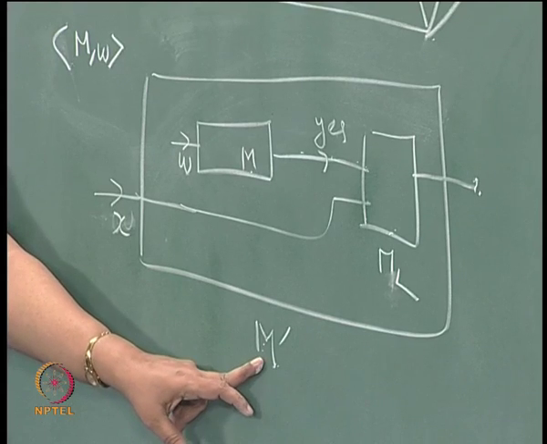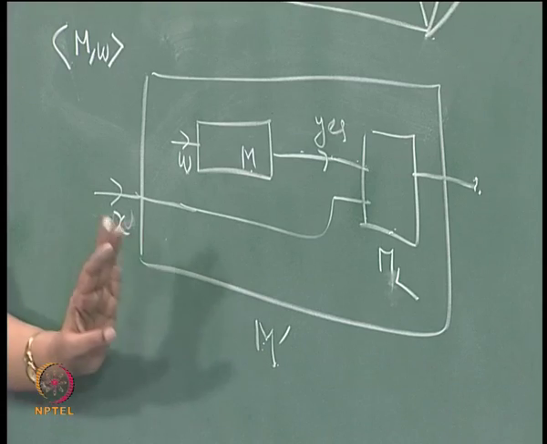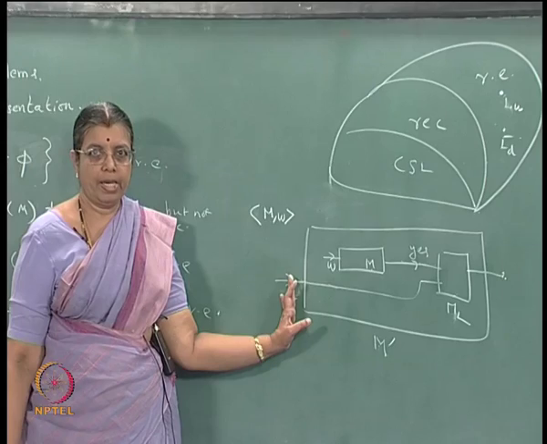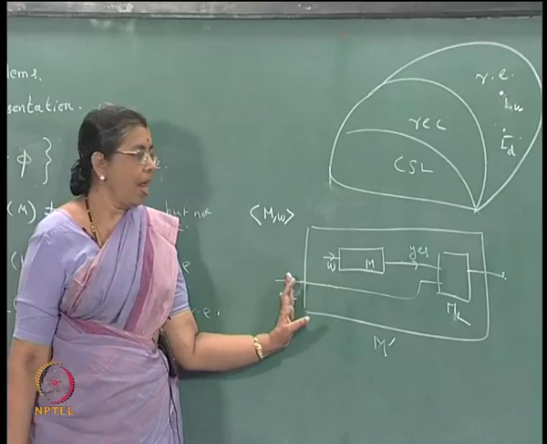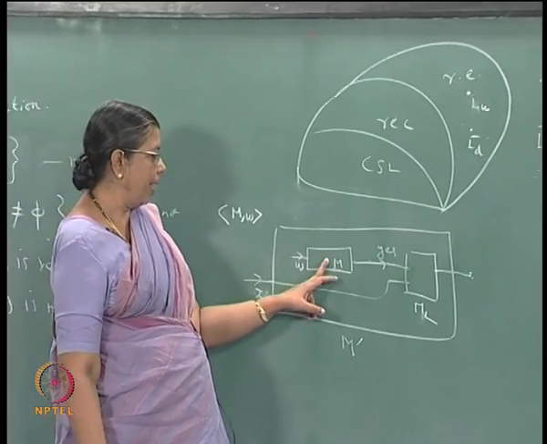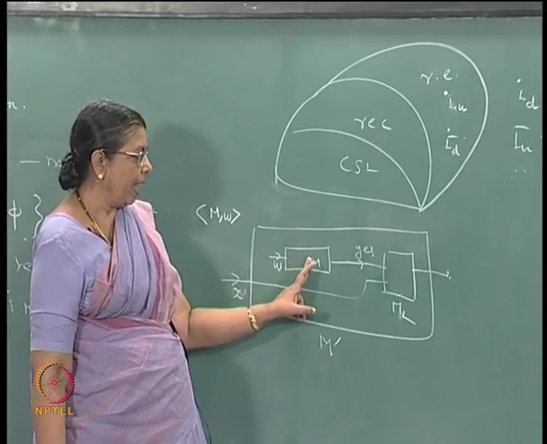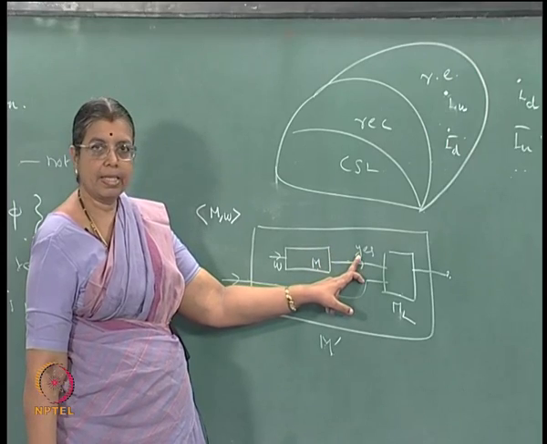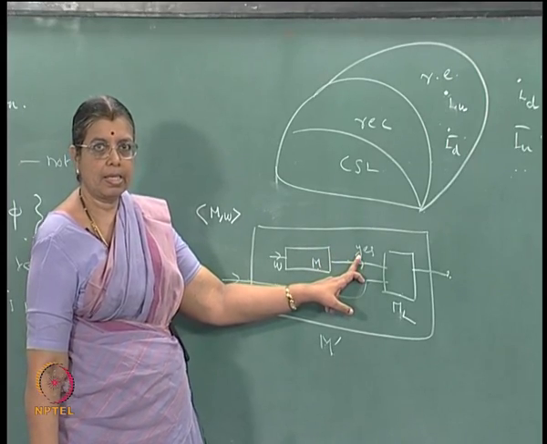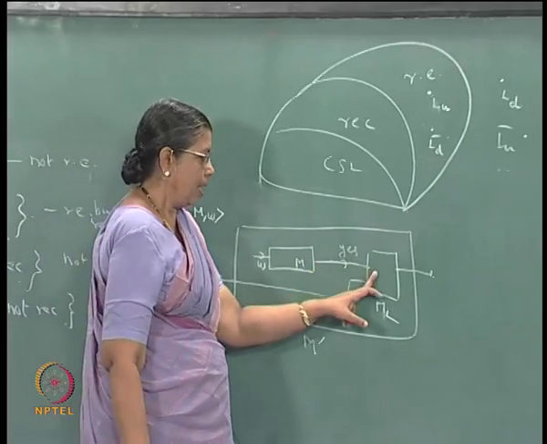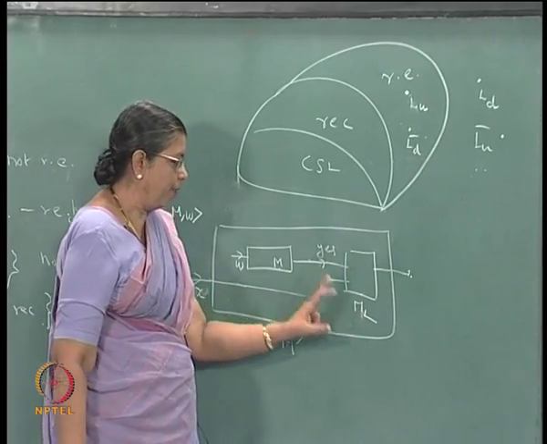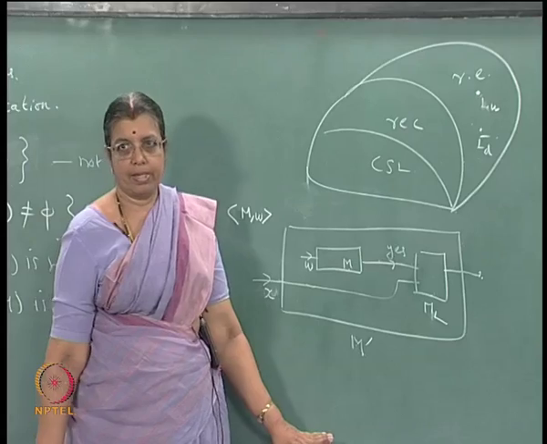What M dash will do is ignore its input, but simulate the behavior of M on w, and if it is yes, then it will start ML. If it is no, ML will not be started.